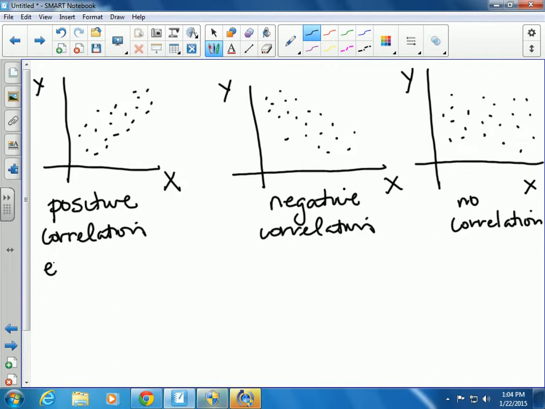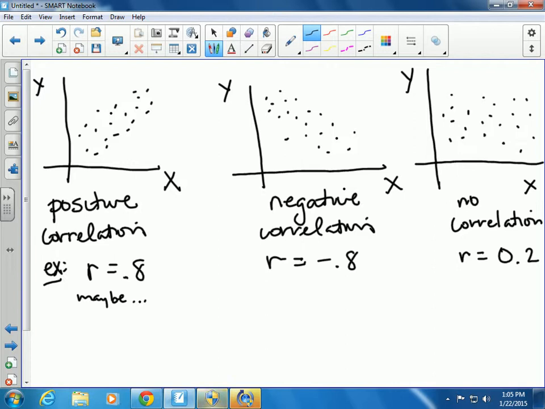As an example, you could maybe say that this is where r equals, I don't know, 0.8, maybe. We don't know exactly because we haven't calculated it. This is where r might equal -0.8, and this is where r would equal 0, where there's no correlation. Maybe it equals 0.2. That's very close to 0 with no correlation.